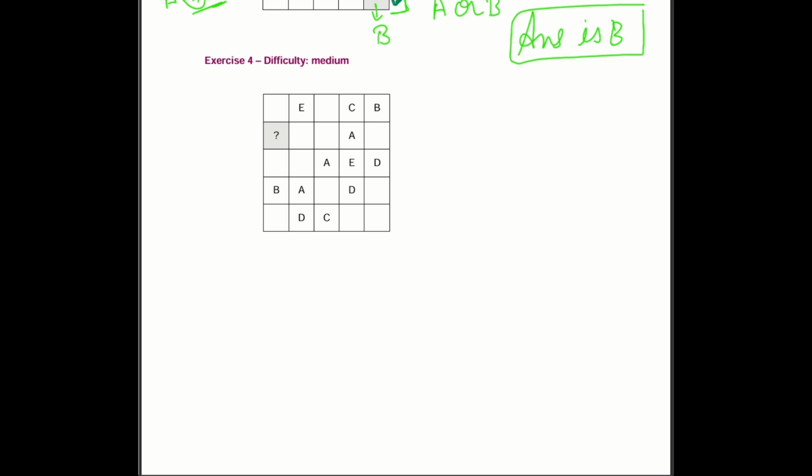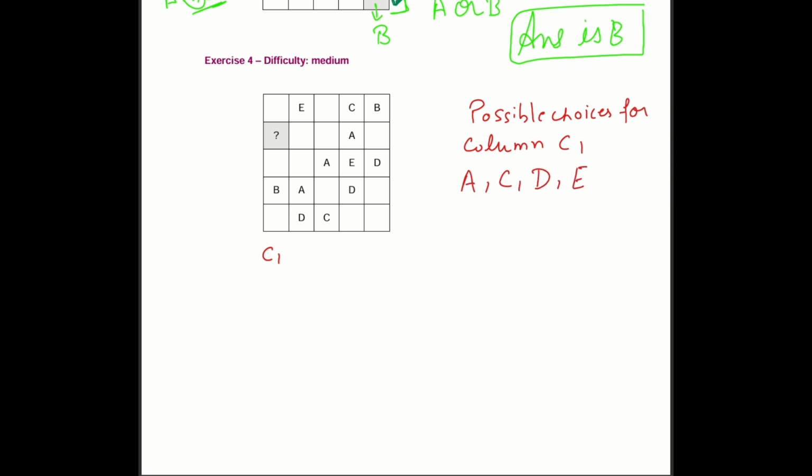So you have to find the possible choices. Move to here. We are going to solve this question slowly so that you are able to understand properly. Possible choices for column C1: B is already there, so A, C, D, E for the question mark.